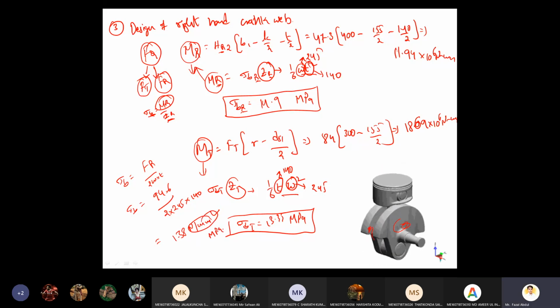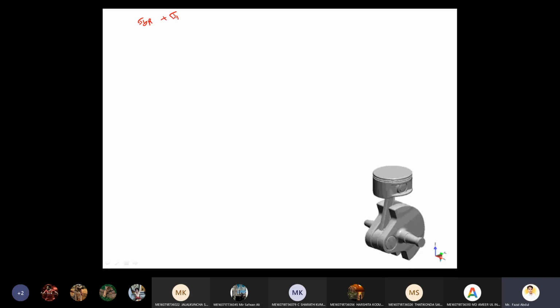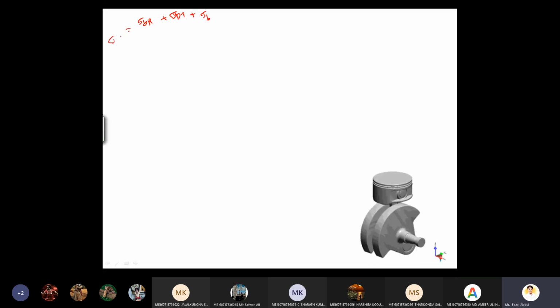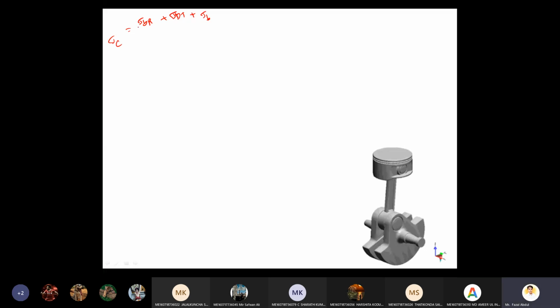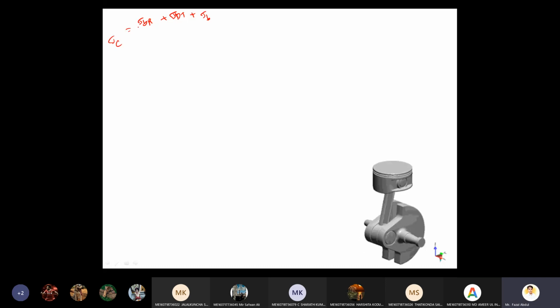Now how much total stress is acting? There is one bending stress due to radial, bending stress due to tangential, and stress due to the direct force acting. So total bending stress, nothing but the compressive stress acting at the crankshaft. If we add these three, that gives the total.